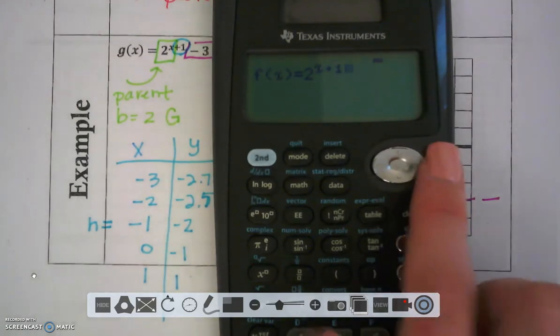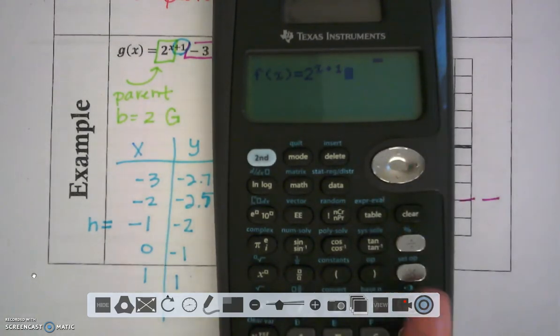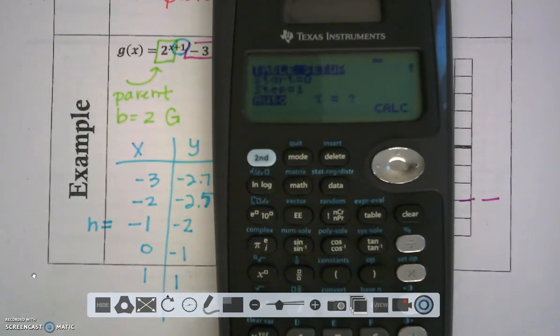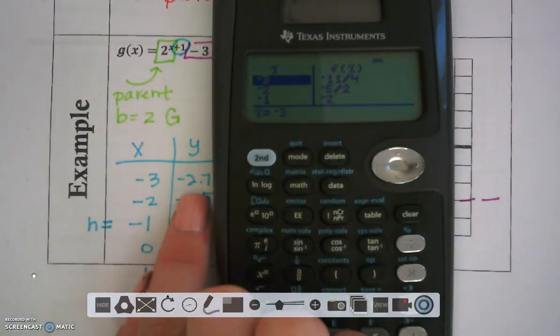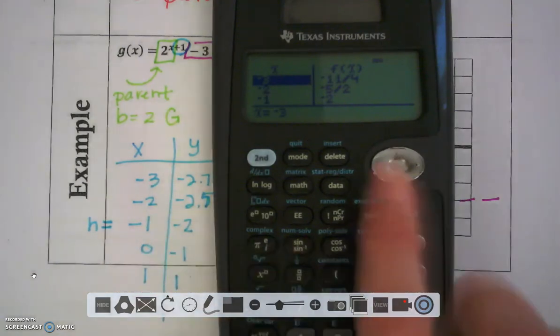You too will have to arrow to the right and subtract 3. Remember, your start is where your table starts. It starts at a negative 3 and it counts by 1s. Now your calculator is giving you the fraction version of what I have here for decimals, and that is totally fine.